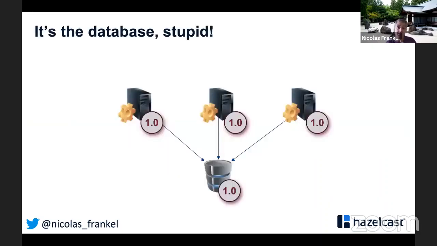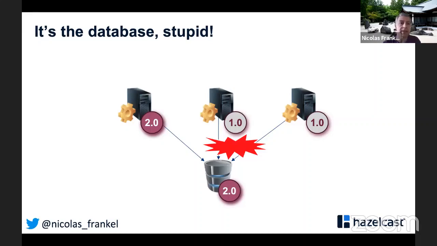So if we put the database in the middle, this is all application v1.0, and they point to a database with a schema v1.0. So as soon as you upgrade both the app and the database schema, there is a high chance that the v1.0 doesn't work if you have incompatible schema changes.